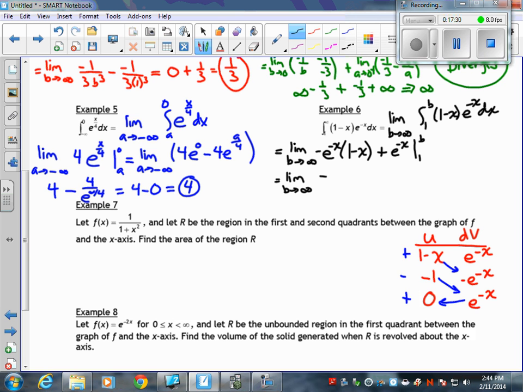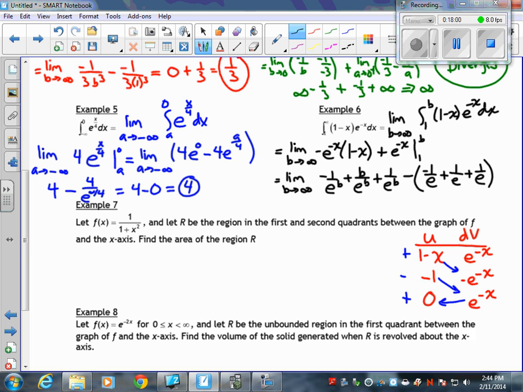So I have negative 1 over e to the b, and then I have plus b over e to the b, and then I have a plus 1 over e to the b minus, and then 1 now, negative 1 over e, plus 1 over e.